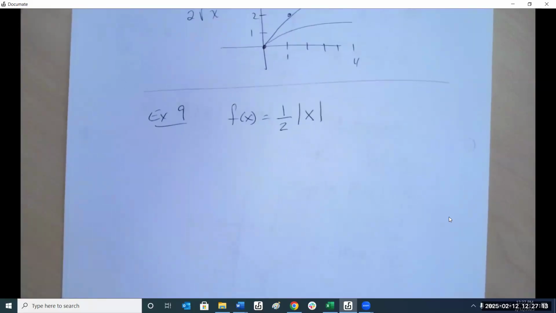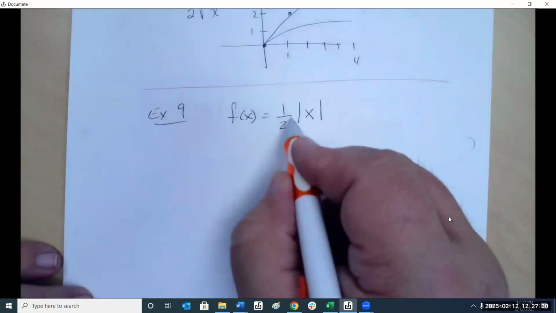How about that one? It's a vertical. If it happens outside, it's vertical.